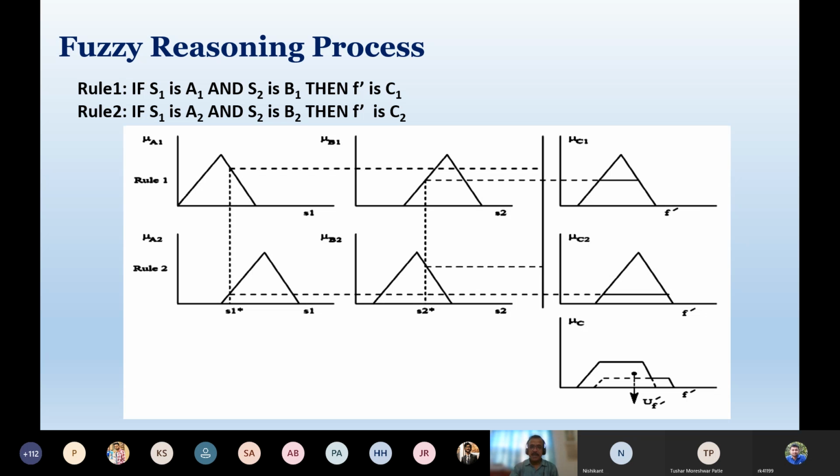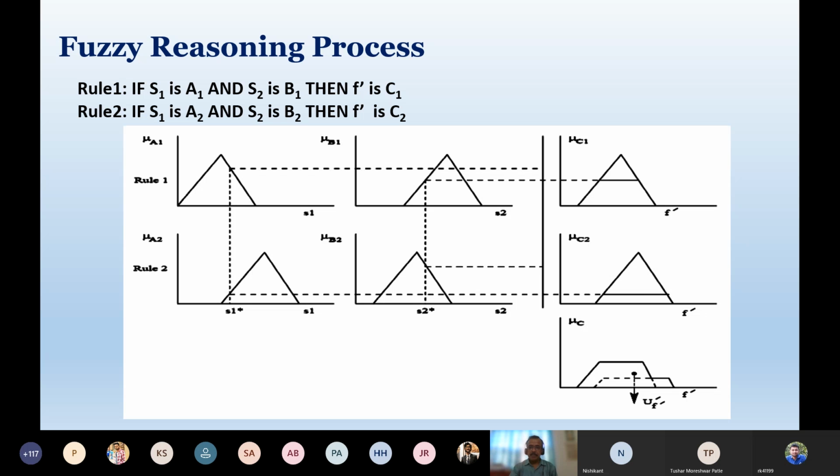From the first fired rule, I'll be getting this particular figure as the output. For the second fired rule, I'll be getting this particular figure. The moment we consider the union, the combined output is nothing but this, which is shown by this solid line.